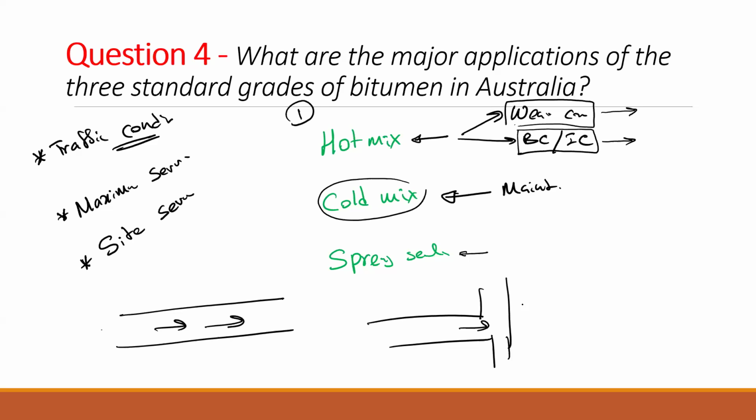So we need to know whether we are designing for hot mix, cold mix, or spray sealant. Then if it is a hot mix, we need to know which layer we are looking at: wearing course, intermediate course, or base course. And spray sealant is always on top of the layers, and cold mix is always for maintenance. We also need to know the traffic category, how many vehicles per day per lane, the maximum service temperature, and the site severity.